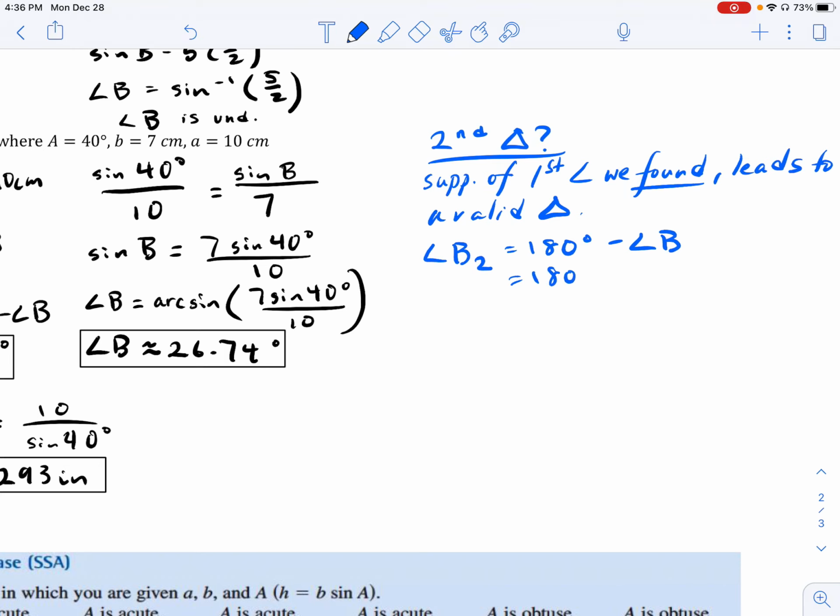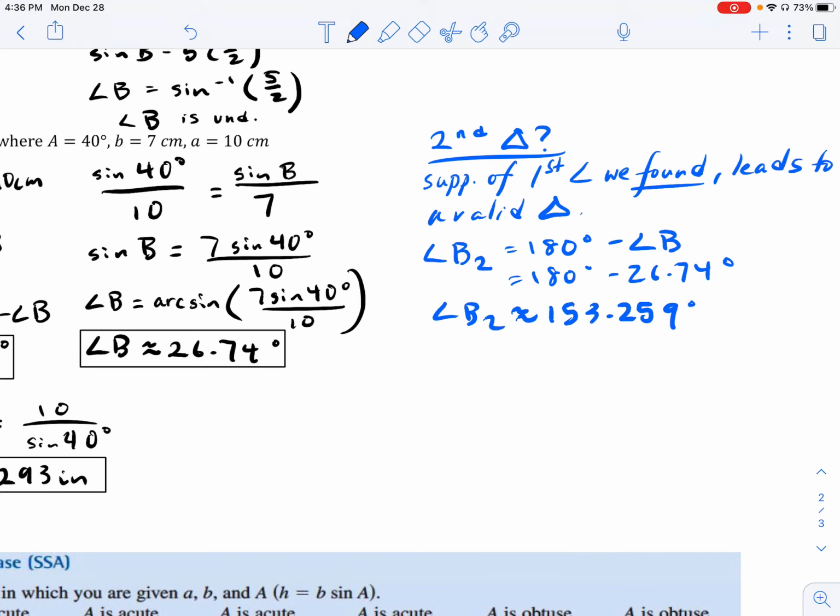So 180 minus 26.74 degrees, if that exists, angle B2 would be approximately 153.259. And so we would say, all right, so far, we're saying that if the second triangle exists, angle B2 would be 153.259. So far, I don't see any issues. But think about it in the context of this whole triangle.